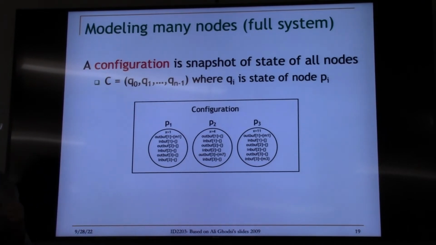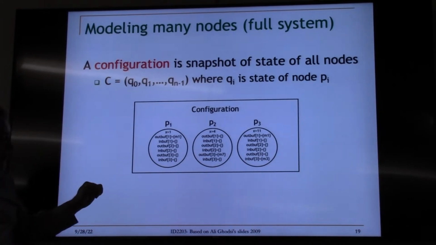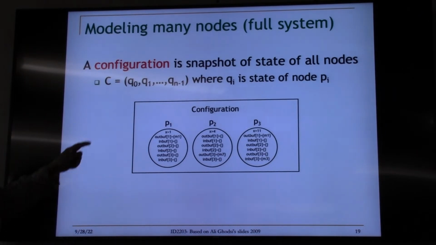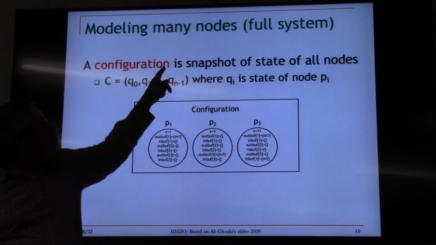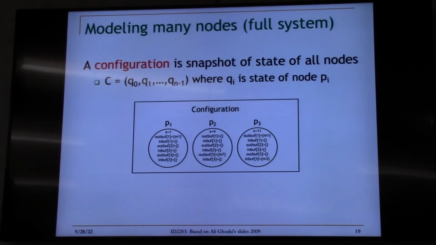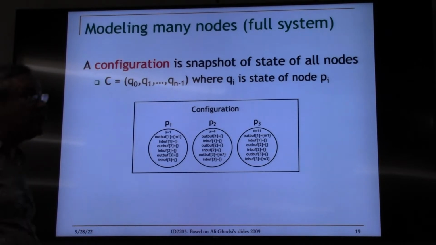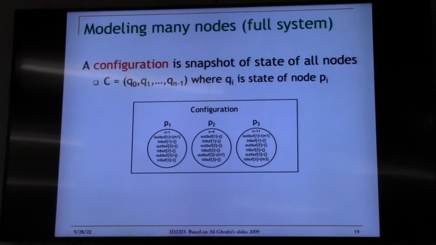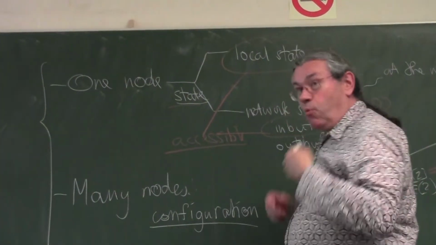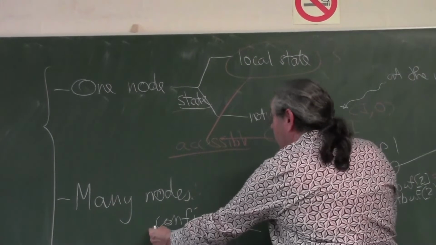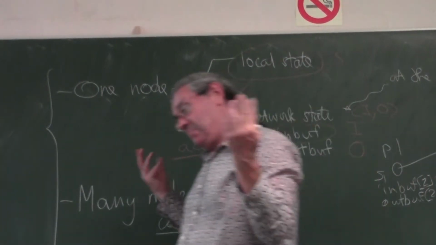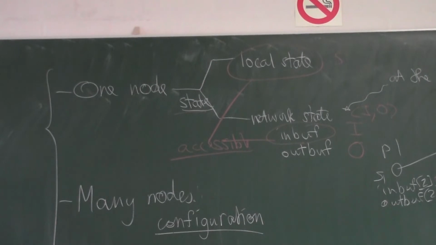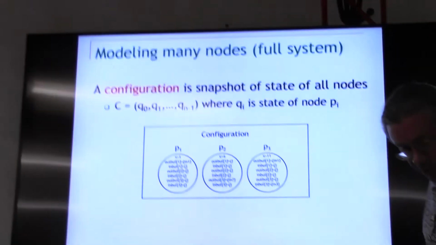So in this course, and in the distributed system community, whenever I want to talk about the state of a whole distributed system, I'm going to say configuration. But otherwise it's the same thing. And the way I remember is that configuration is a big word and state is a small word. Distributed system is big. Okay, good.